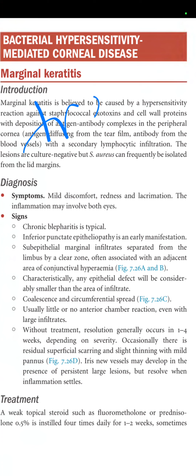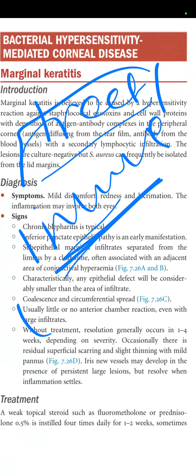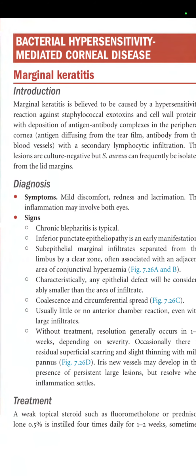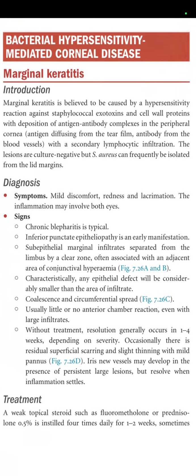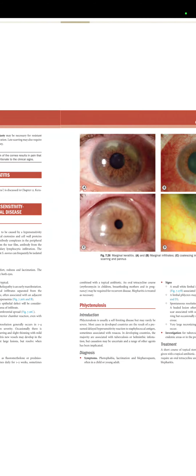So basically the treatment, as we know, it is immune mediated. So whenever there is an immune mediated disease, we always think of steroid, whether or not there is an epithelial defect. A weak topical steroid such as FML, fluorometholone, or prednisolone 0.5% instilled 4 times daily for 1 to 2 weeks.